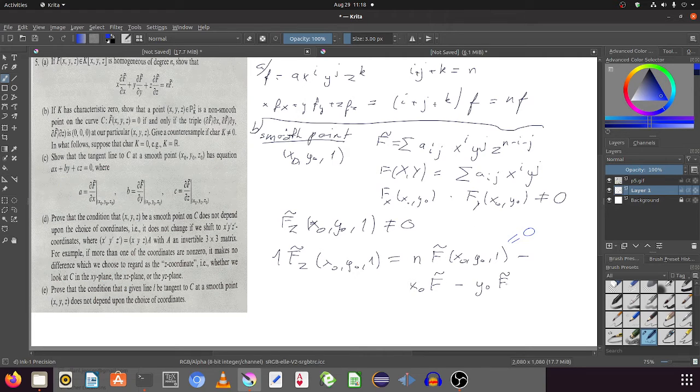These are not both 0, but of course x naught might be equal to minus y naught, so x naught plus y naught might vanish, and then this would vanish.